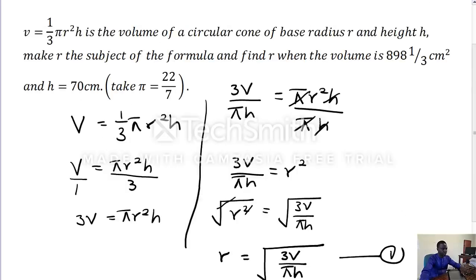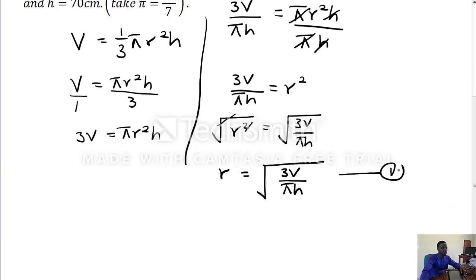The question also said that we should find r when the volume is given to be 898 1/3 centimeter cube, and height is given to be 70 centimeters. Also, we are told to take pi to be 22/7.